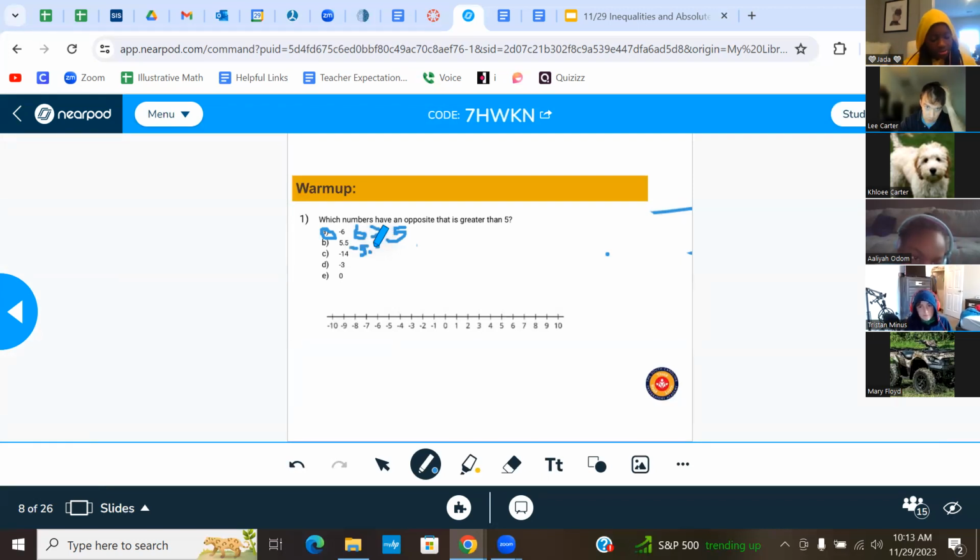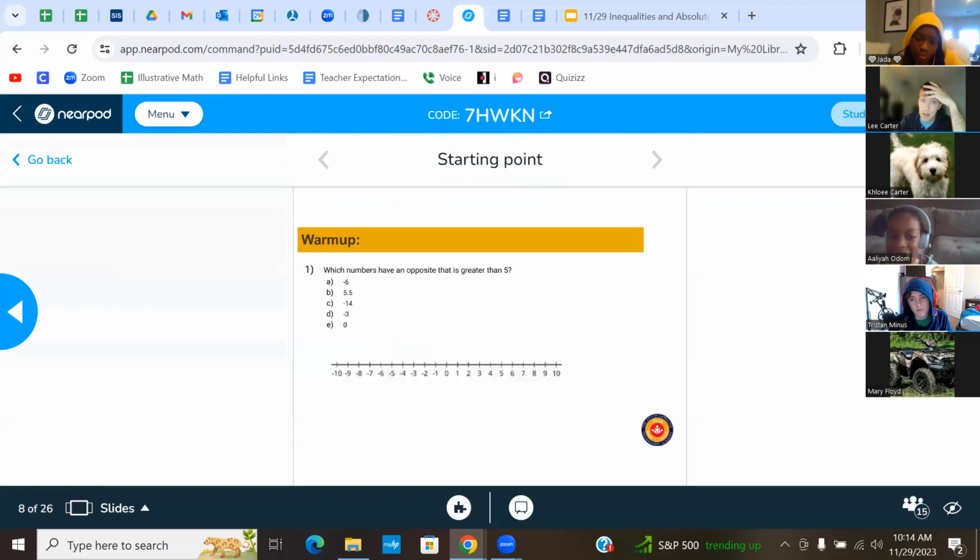The opposite of -14 is +14, so that's totally more than 5. The opposite of -3 is +3, which is positive, but it's still less than 5. And 0 is the opposite of 0. So that's what you should have on the first slide, A and C. Okay. Questions on that one?